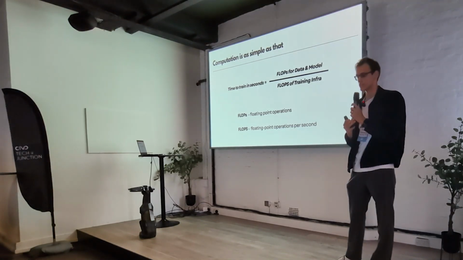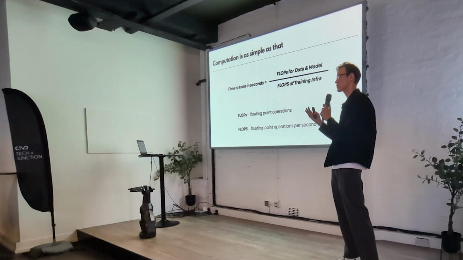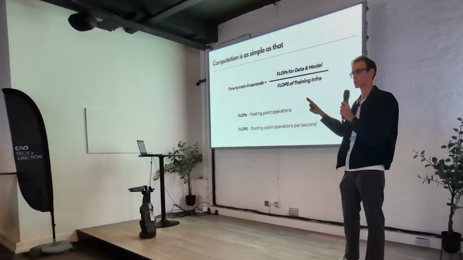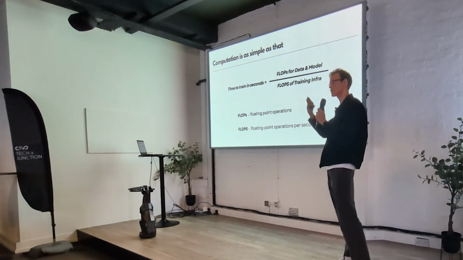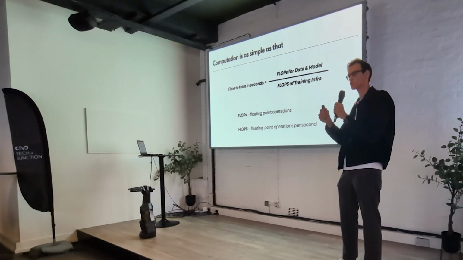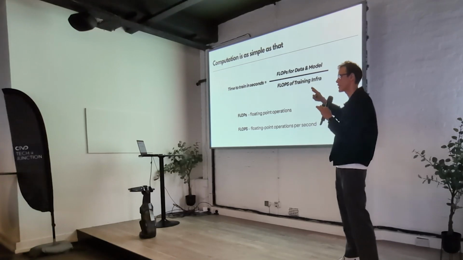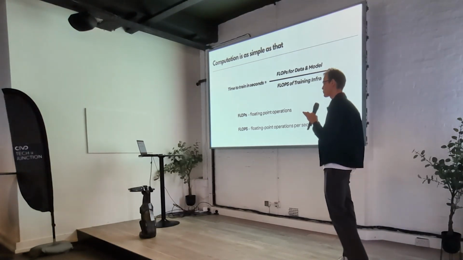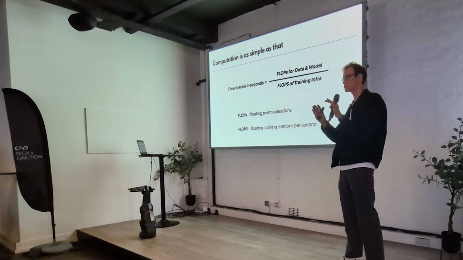So cool, it's very simple, right, to understand how much time it takes to train your model. Just express everything in floating point operations. If you express your data and model in number of operations you need to do in terms of computation, then good, you already have the numerator, and then you divide it by the speed of your infrastructure, basically how many floating point operations your cloud provider or infra or cluster generates.